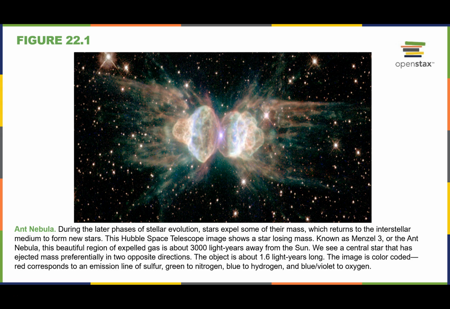In Friday's little skit, one of the things that we talked about was the fact that stars get larger, some of them depending upon what their mass is, and they get bloated, and at some point they create this thing called a planetary nebula. And this actually is the planetary nebula.